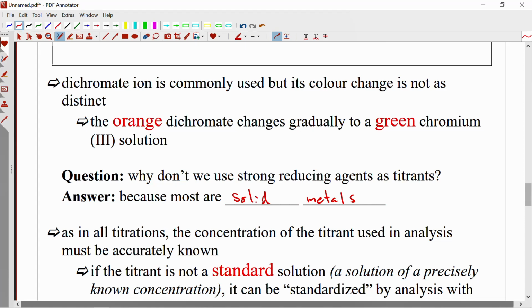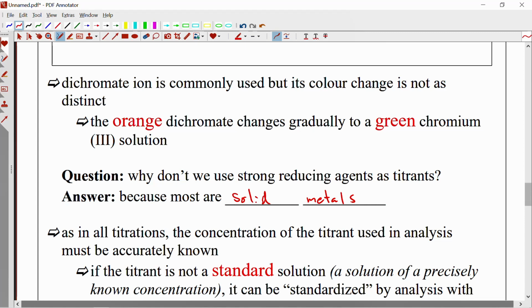You might be thinking, okay, why can't we just take something that is a strong reducing agent, something that oxidizes, and put that in the burette to cause something which is higher on the left side of the table to undergo reduction? Well, this is the reason. Most of them are solid metals.